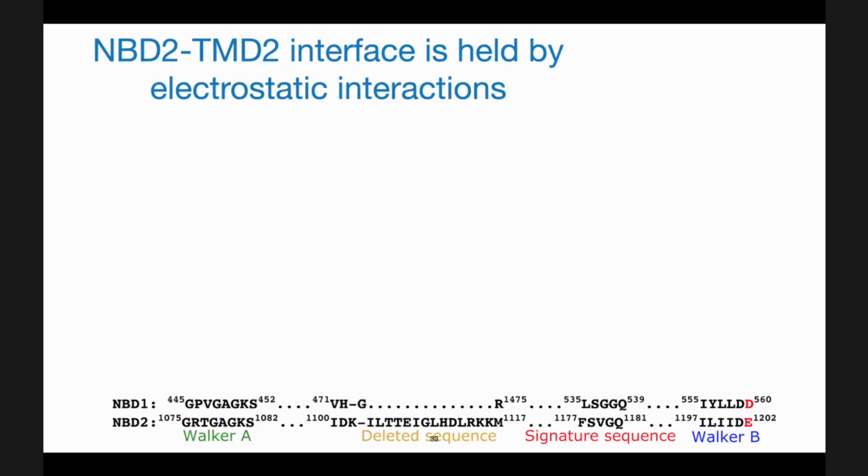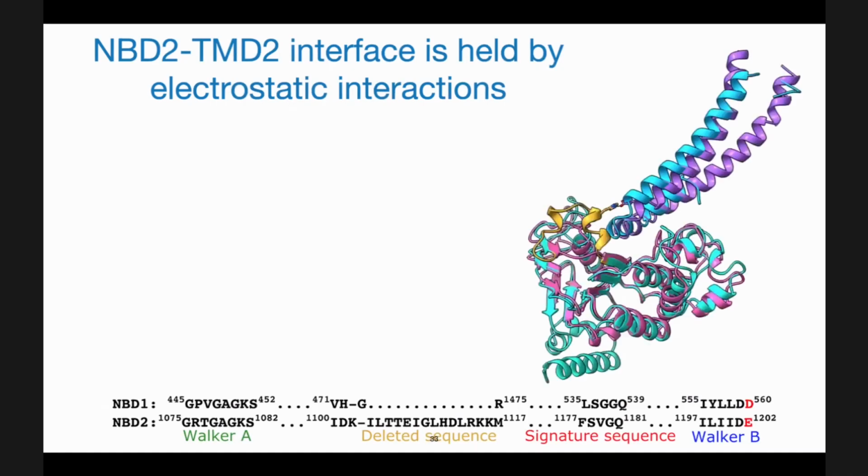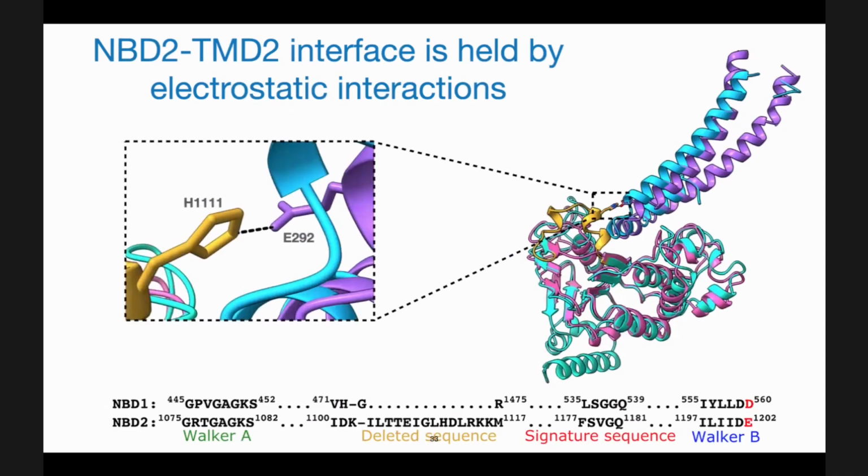And as I mentioned about this asymmetry, we will also see that it is pursued further at the NBD2 and TMD2 interface, where we have this deleted sequence. Here you can see the region where we have this deleted sequence superimposed, and there is a specific interaction between histidine 1111 and glutamate 292, which is strongly held together at this NBD2 and TMD2 interface.